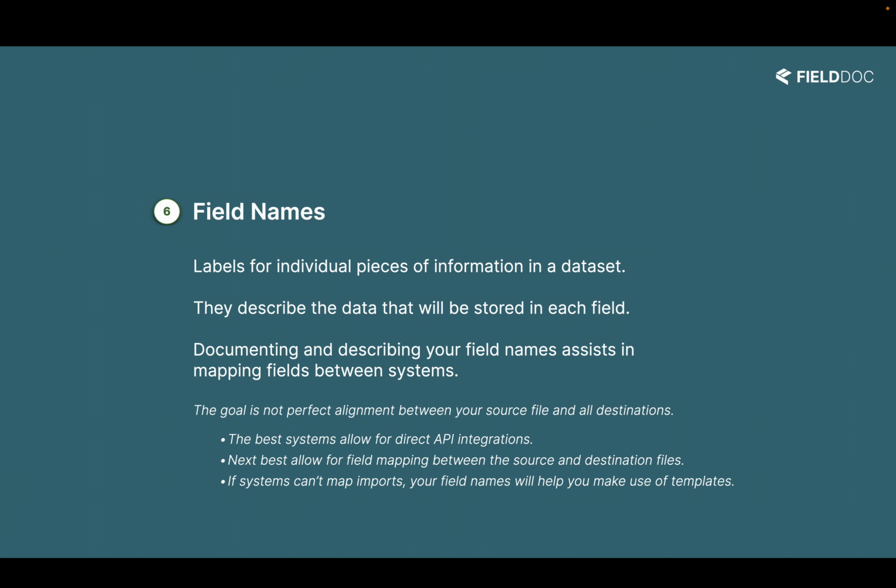So the goal here is not to figure out exactly what the field names are in FieldDoc or in another third-party software system. The goal is to make sure that you have really clear naming conventions in your own spreadsheet.